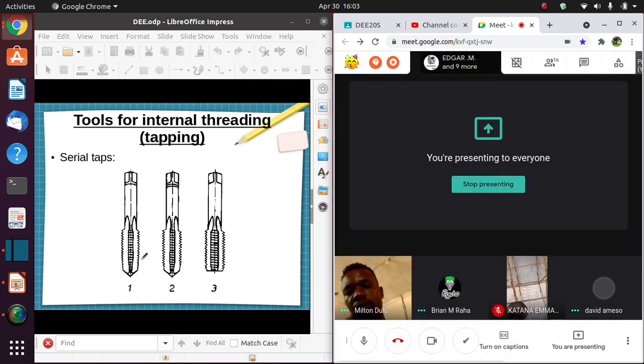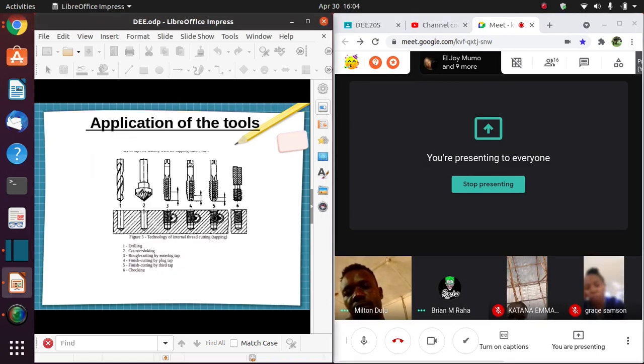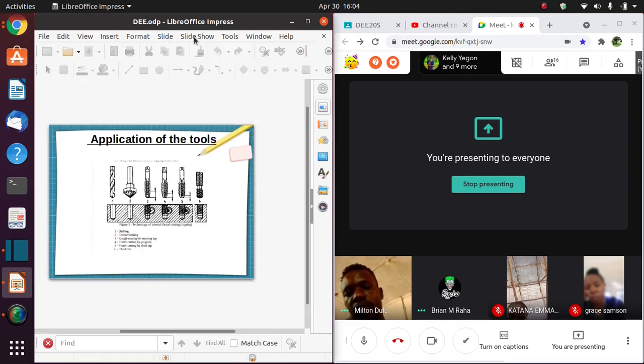After you drill, there is a second step, which is known as a countersink bore, countersinking. Let me enlarge this photo so that you can see what I mean.